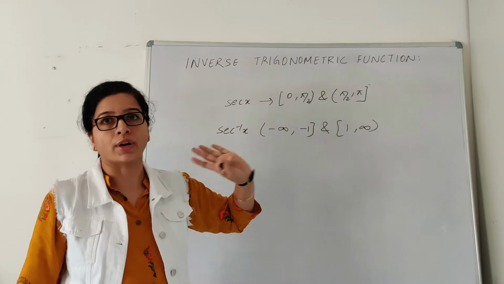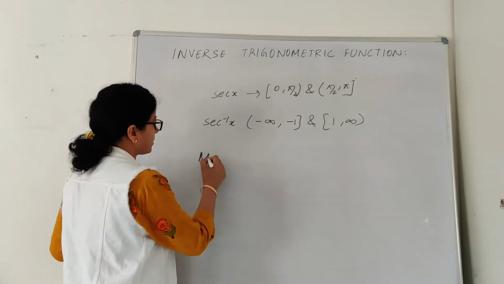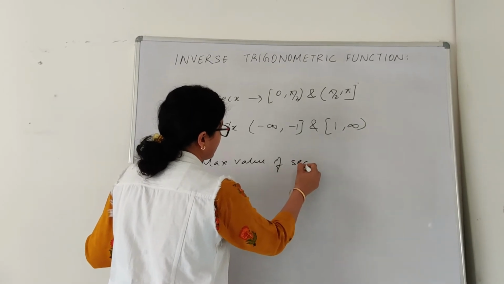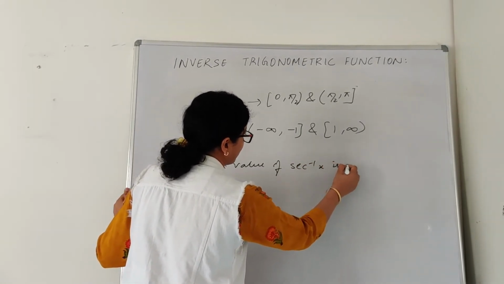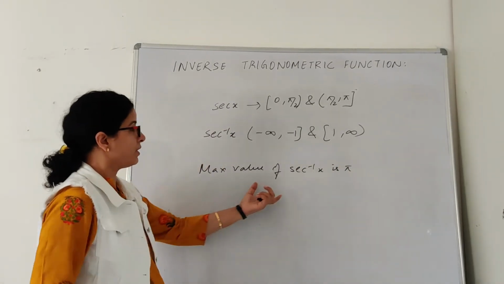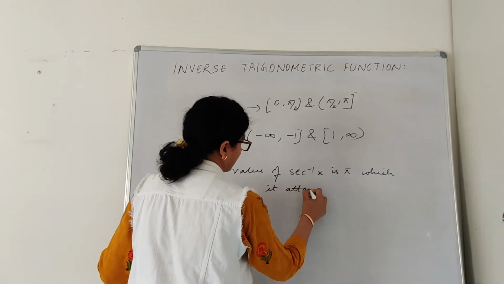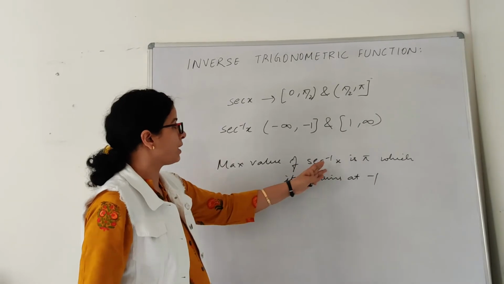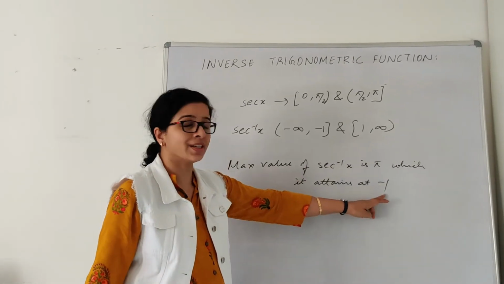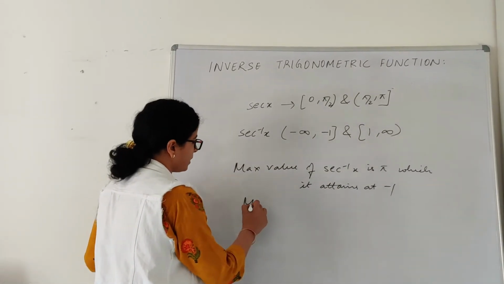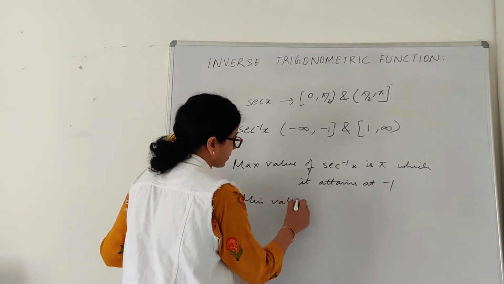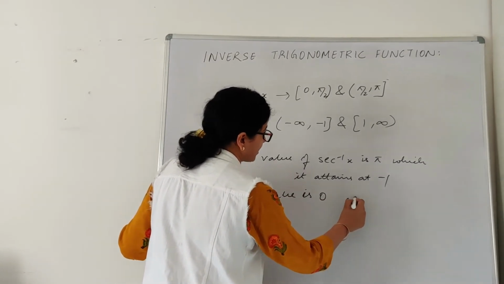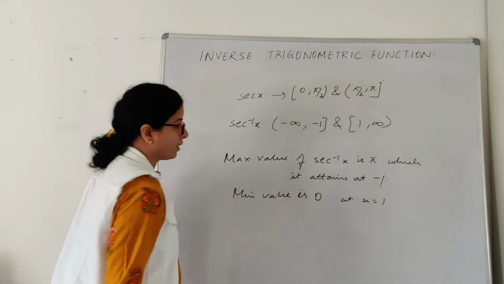Now, the maximum value of secant inverse x is pi, which it attains at x equal to minus 1, and the minimum value is 0, which it attains at x equal to 1.